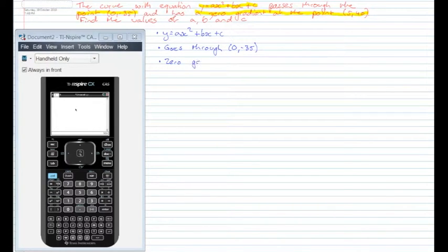Zero gradient at (5, 40). Therefore, dy/dx equals 0 at (5, 40). And of course, if it has a 0 gradient at the point (5, 40), it means it also passes through (5, 40).